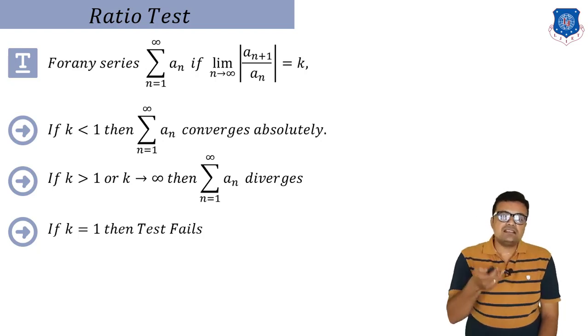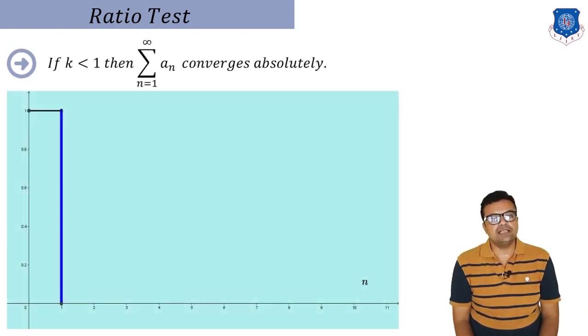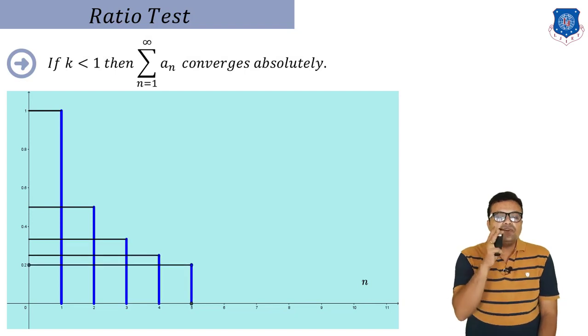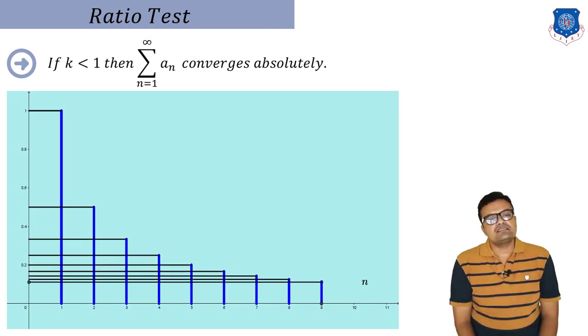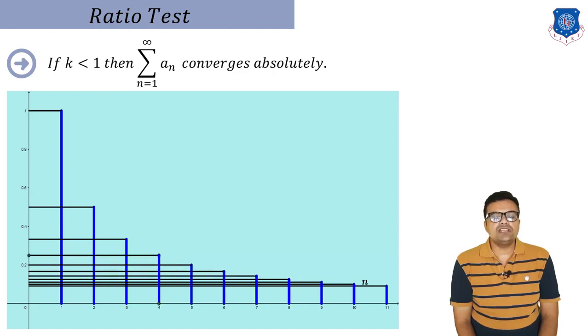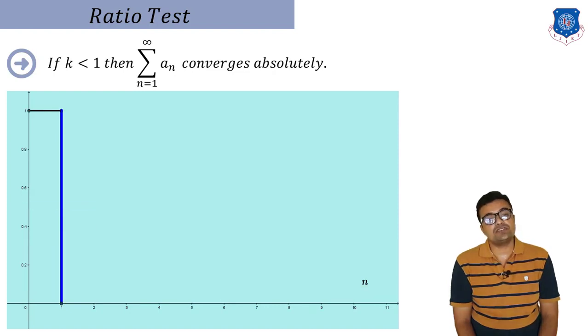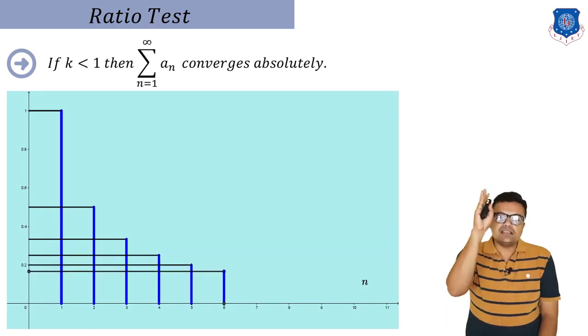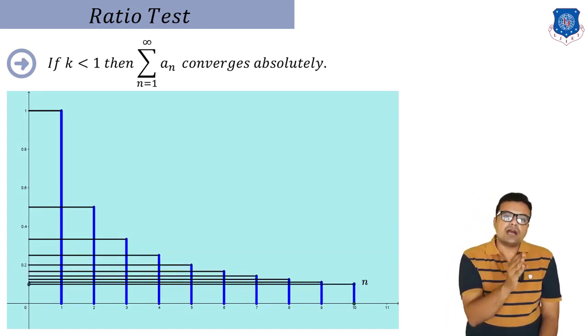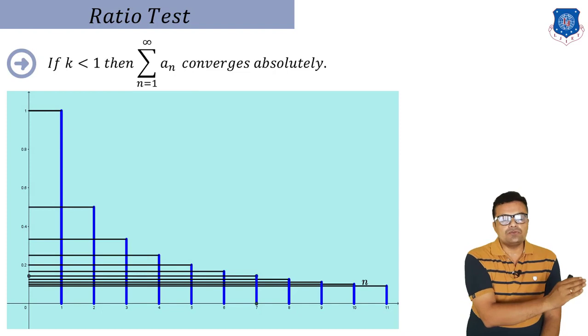Let us check this thing graphically. If I consider the first case, that is summation n equal to 1 to infinity a_n, that is converging absolutely using the ratio test. If that ratio k is less than 1, you can see clearly term by term my bar height is reducing.